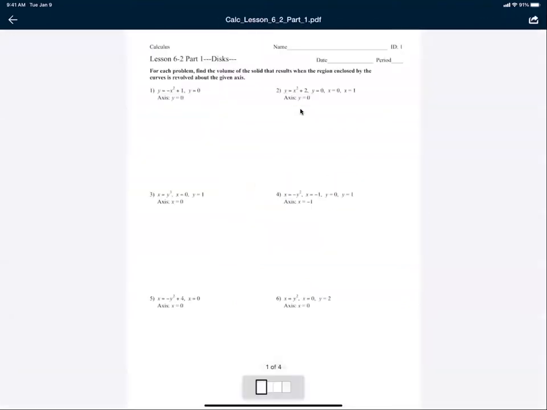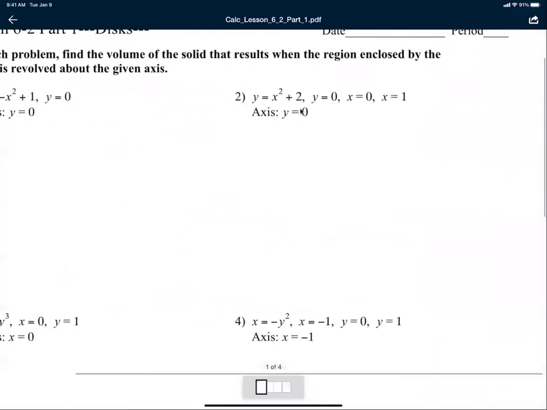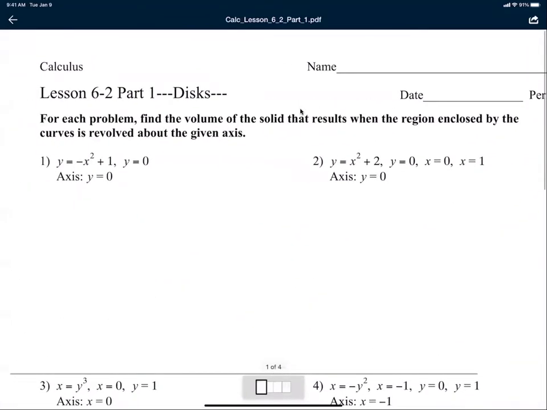Here you're going to be able to see the different questions that we're going to be doing. These are not going to be on Delta Math. You will be submitting this.